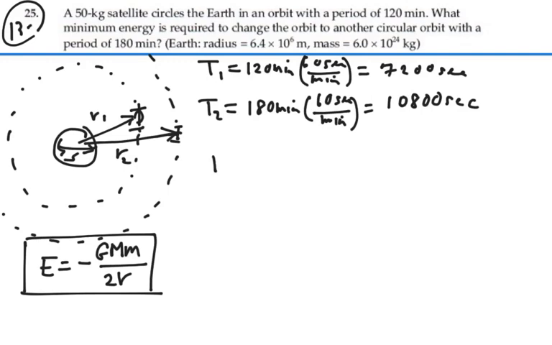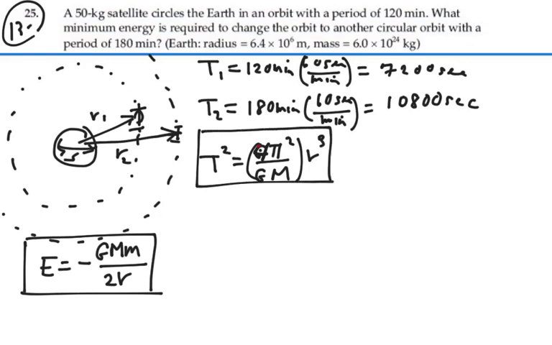Kepler's third law says that the period squared is equal to 4 pi squared over G times the central mass, times the radius cubed.